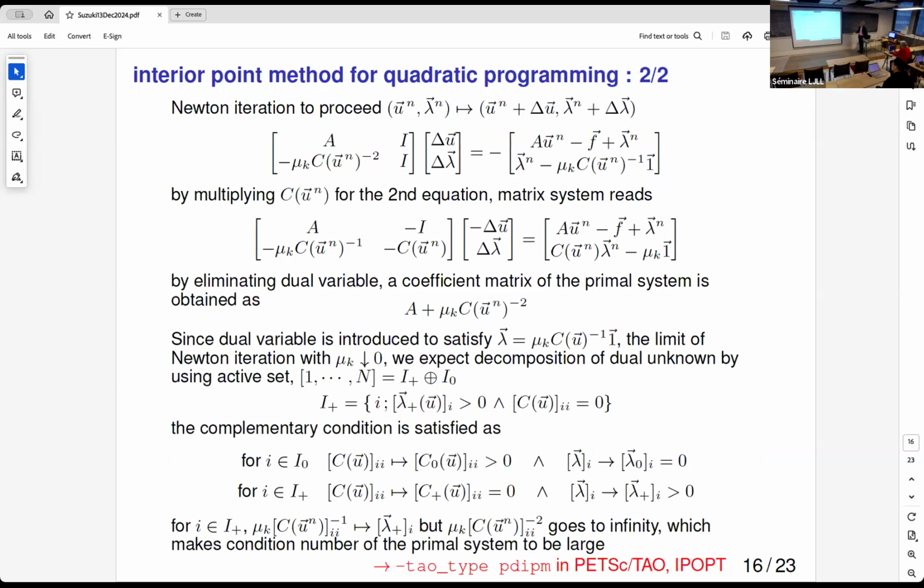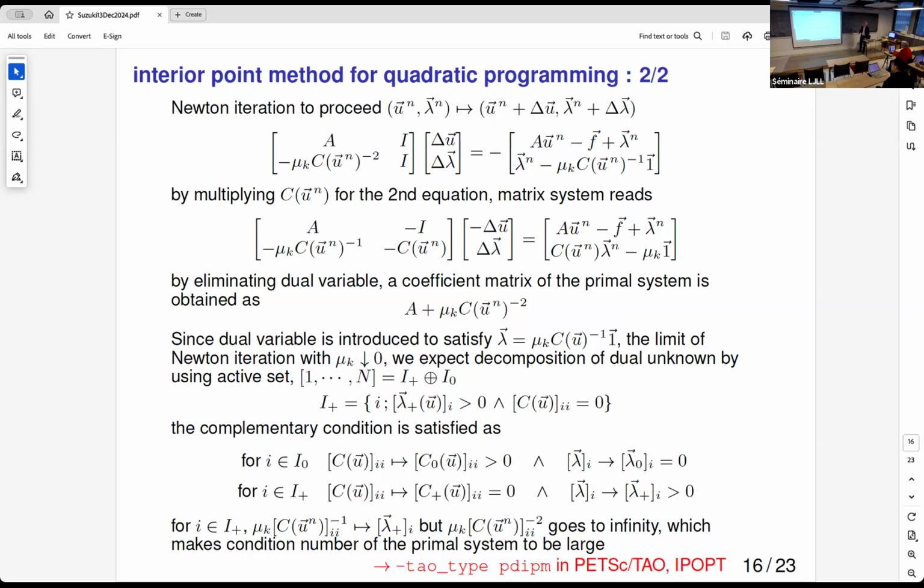So then, how will we solve this one? This is the big question. This one does not look symmetric, but once we multiply by C here, we can avoid C to the minus squared. Then it is just 1 over C, and C is separated.